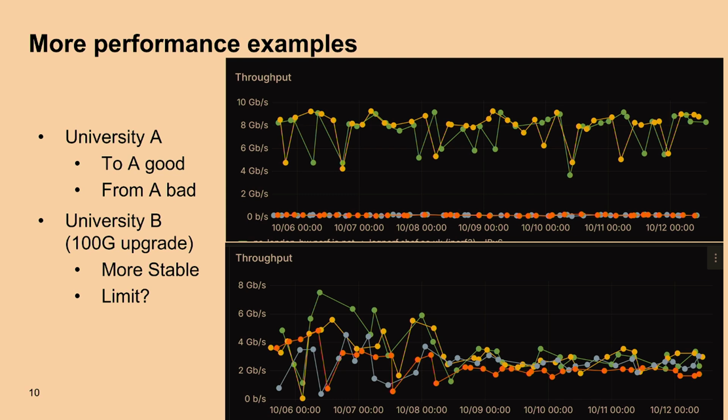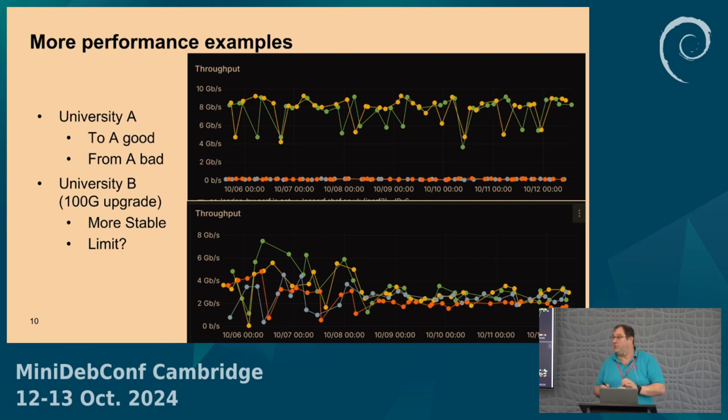The second example on the bottom is University B that has just received a 100 gigabit network upgrade. And you can see exactly where it achieved that network upgrade. It was roughly here. And what's happened, surprisingly, is that once it got the upgrade, instead of the performance hitting the 30 gigabits we're getting to Rutherford, it's gone to about 3, but it's much more stable.